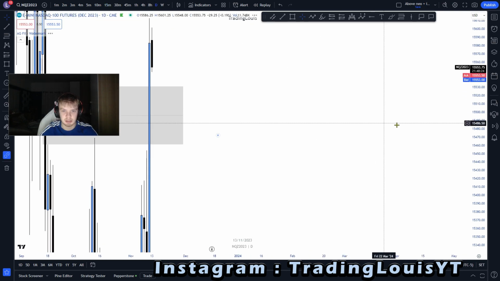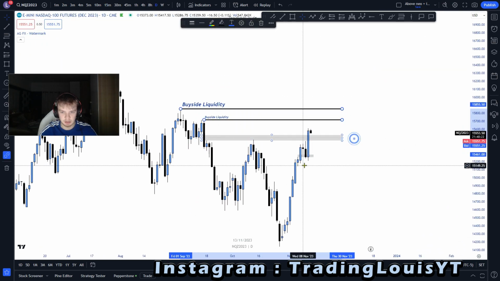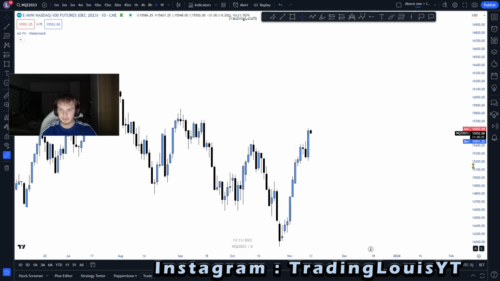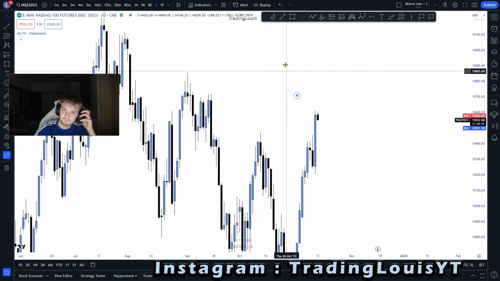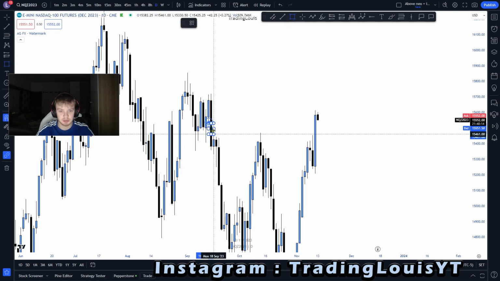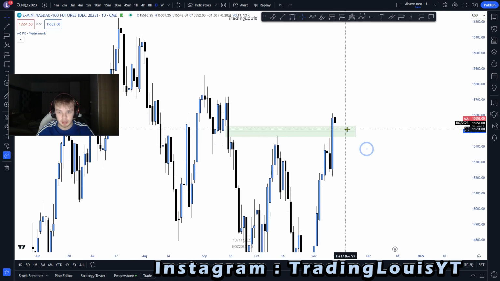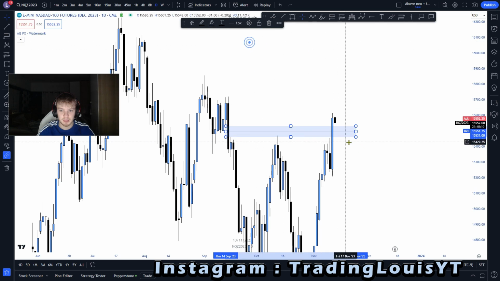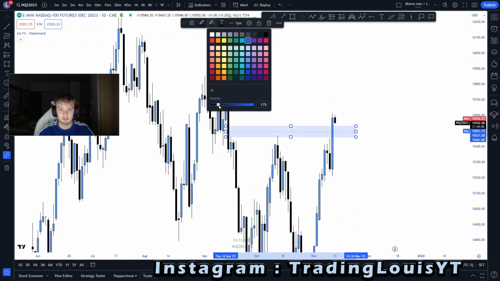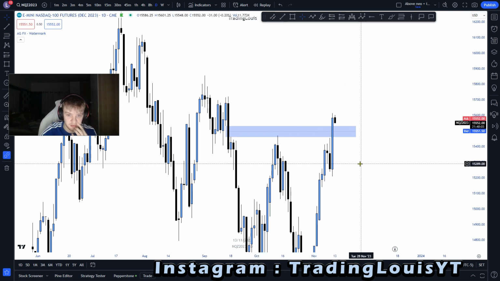So if we go to the daily time frame, because I know there are lots of inversion fair value gaps, all an inversion fair value gap is, is a fair value gap. So for example, here we have a fair value gap, and what I mean by an inversion fair value gap is just when price disrespects a fair value gap.